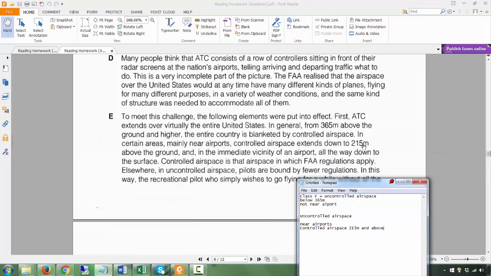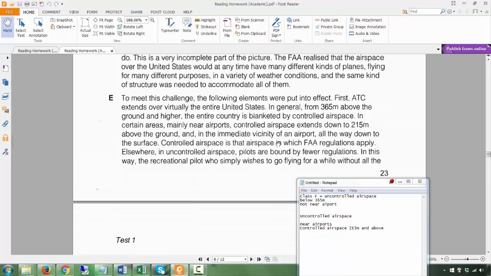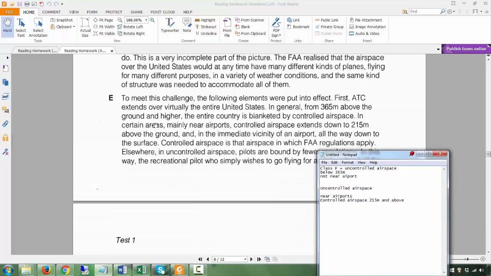So, extends down. Okay, so how about if it's not near the airports? Controlled airspace not near airports is 365 meters and above.